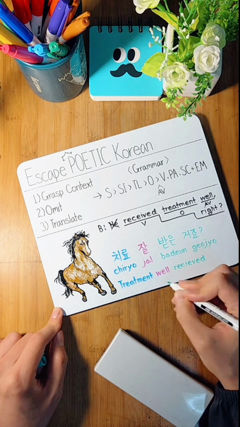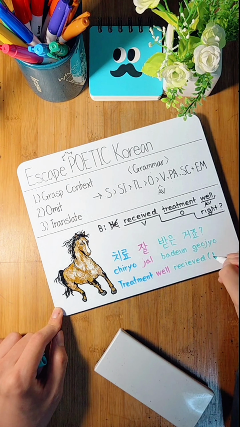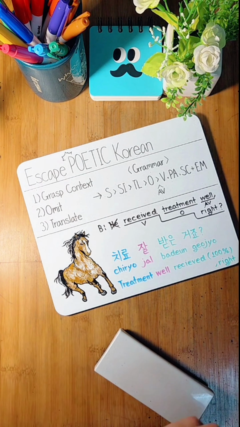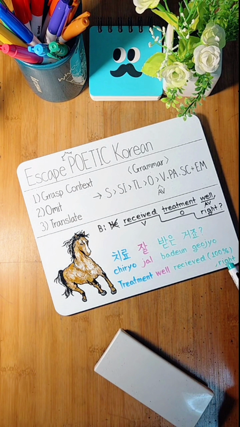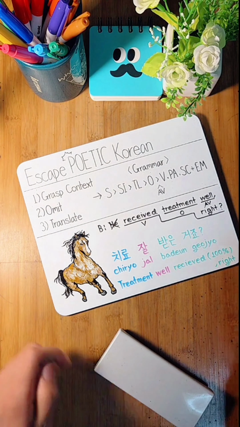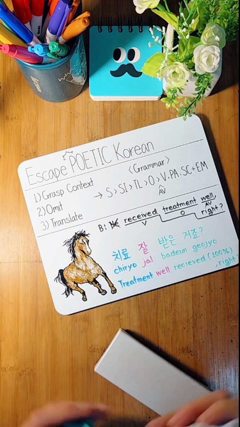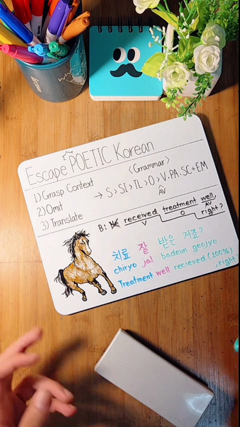So he received well. I want an answer with 100% certainty. And yes, I'm also going to ask you, right? So I'm urging you to give me this answer. I'm doing it twice. I'm urging you twice by using the definite ending and the right ending. Because I believe that, yes, we are all human beings.